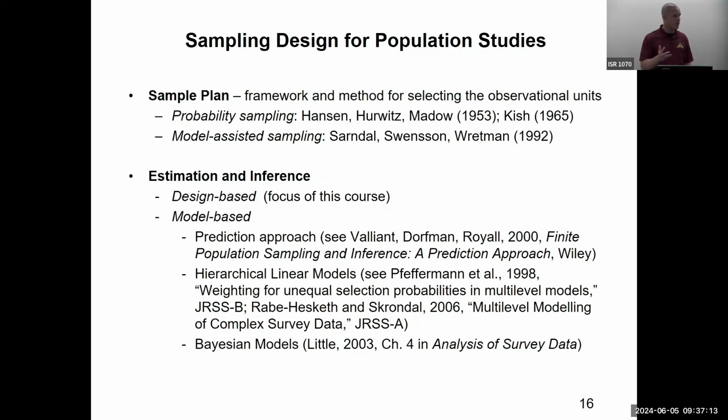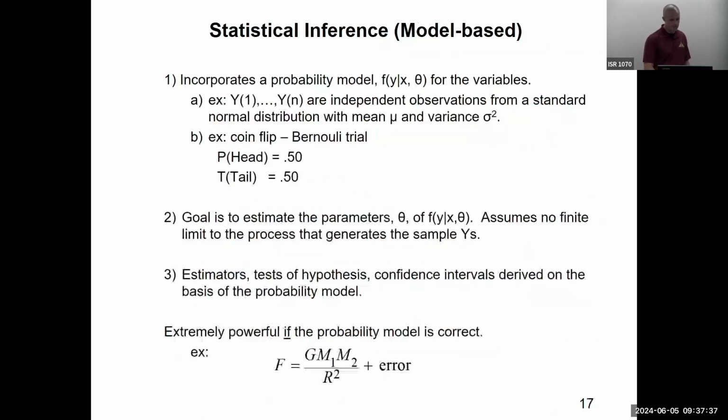Some of you may have heard of Bayesian analysis in prior courses, but that's a very active area of research in the world of complex samples right now, is how to take Bayesian approaches to the analysis of survey data. And people are starting to demonstrate the benefits of model-based Bayesian approaches. So if we have time, we'll touch on that a little bit as well. But we're really focusing on introducing the tried and true design-based approaches to making finite population inference in the course.